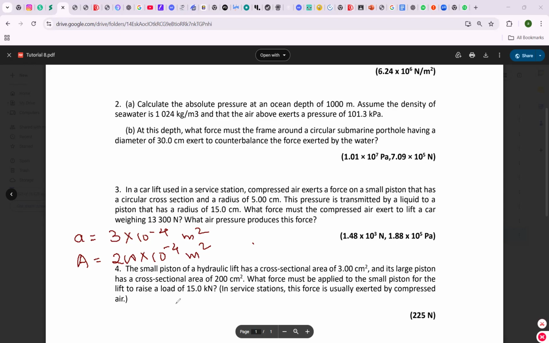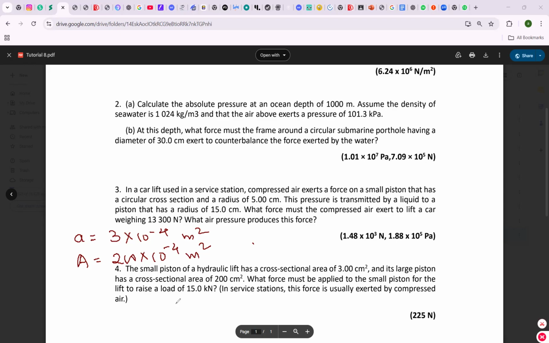So now we found the small a and the big A.